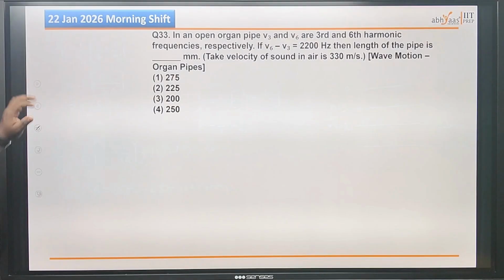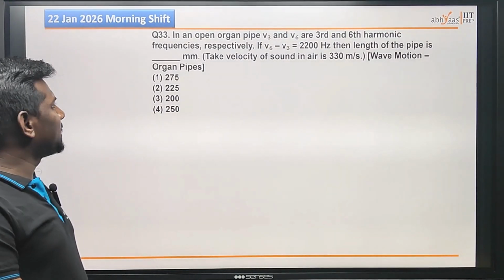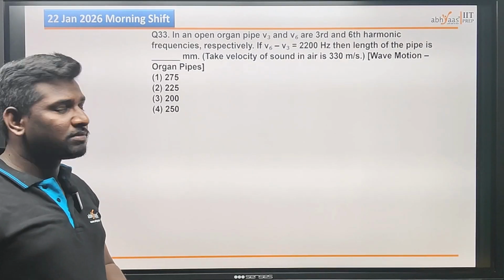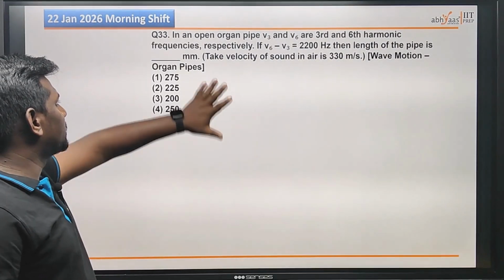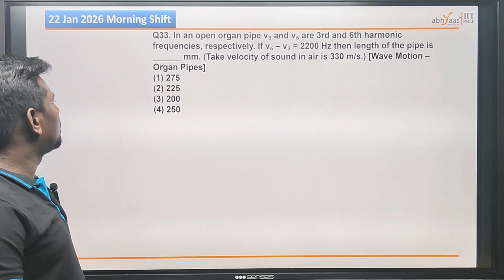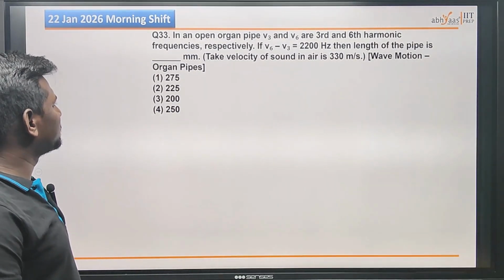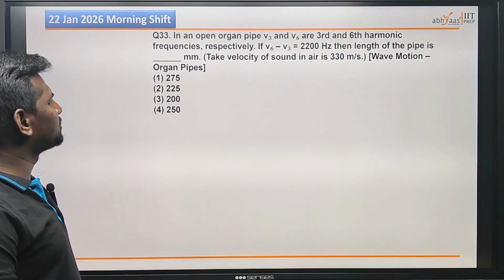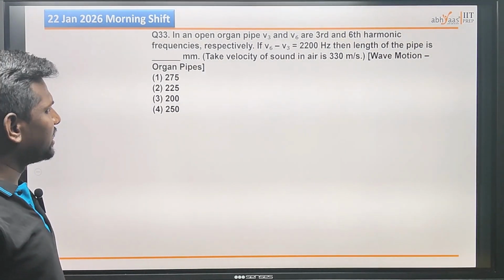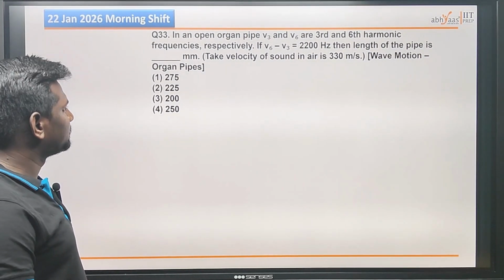So next one, see here, question number 33, which is from wave motion. Organ pipes are there, open organ pipe. V3 and V6 are the third and sixth harmonic frequencies respectively. If V6 minus V3 equals 2200 Hz, then the length of the pipe is.